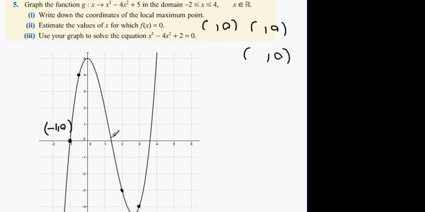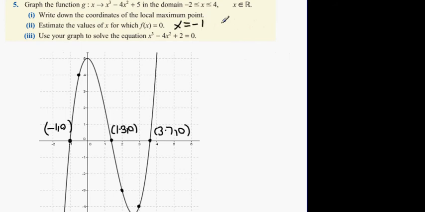The next point, 1.3, 0. The point after that, 3.7, 0. They're the three answers, the values of x. So you need to give the values of x. So x equals minus 1. x equals 1.3. And x equals 3.7.